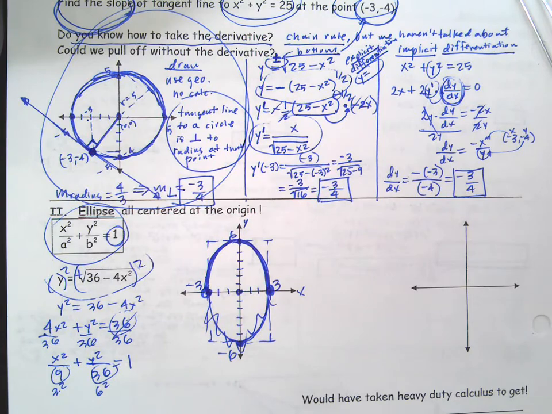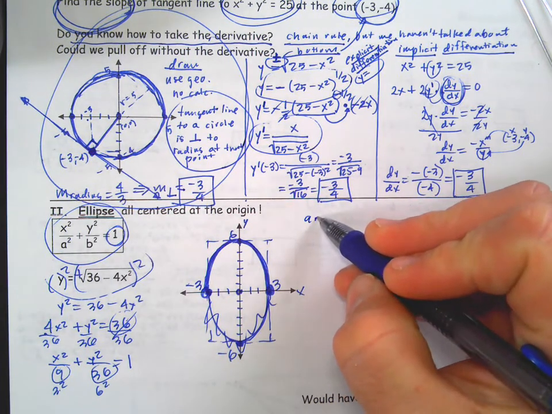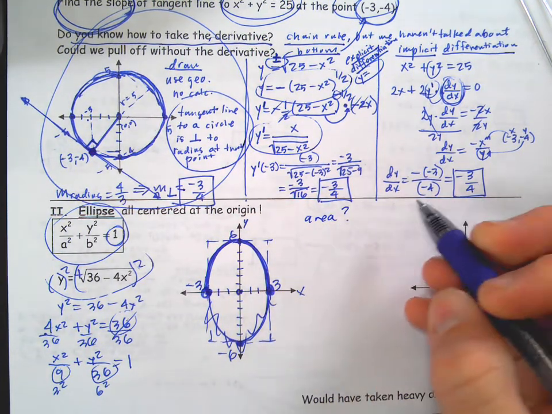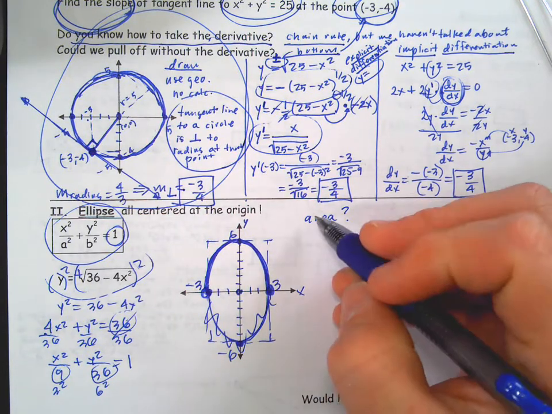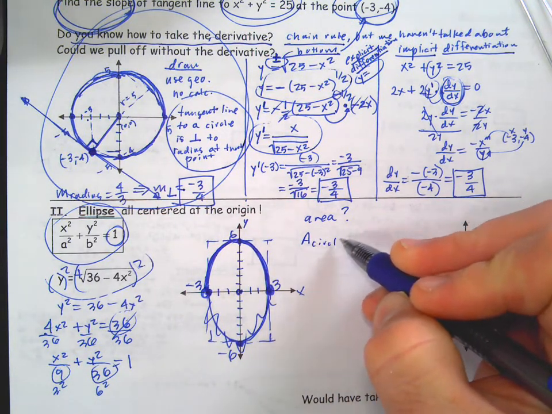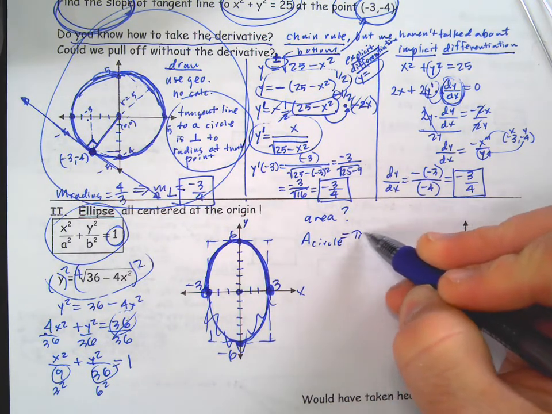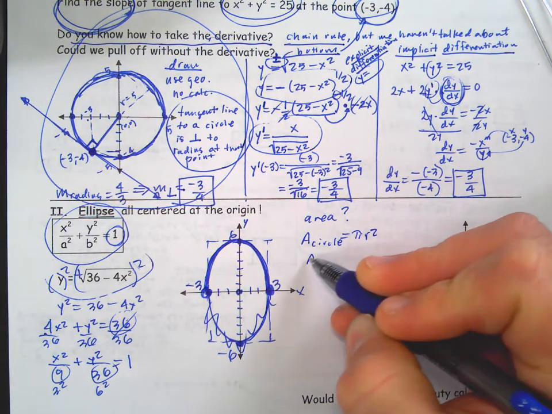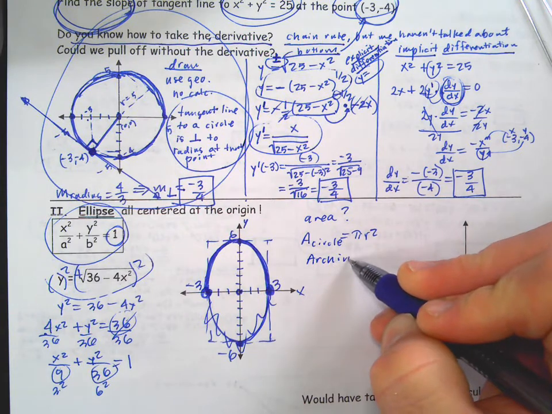So anyways, here's an interesting question. What's the area of an ellipse? So the area of a circle is pi r squared, and that's thanks to Archimedes, great Greek mathematician.